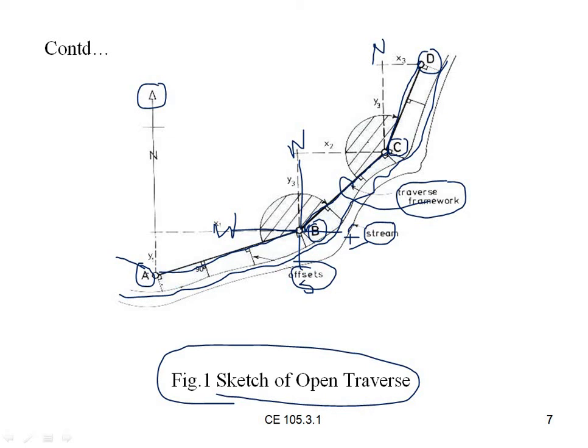So we take it with the offset length, keeping a ranging rod here, taking the offset length to a point, and next we go on to point B. Like that we keep offsets in between. Here you can observe the offset points in between the lines. These lines are marked with arrow points, and we take the measurements of bearing angles from the compass instrument, so that we can calculate the open traverse.